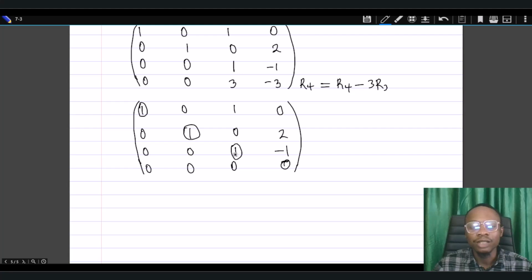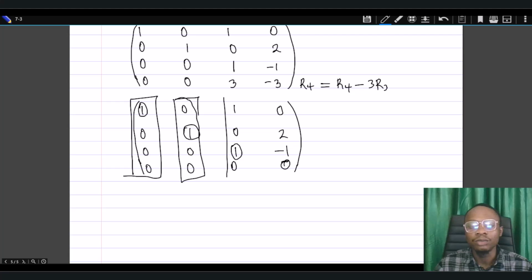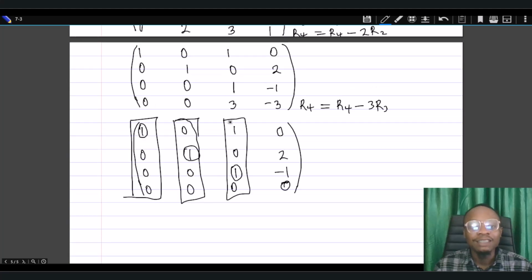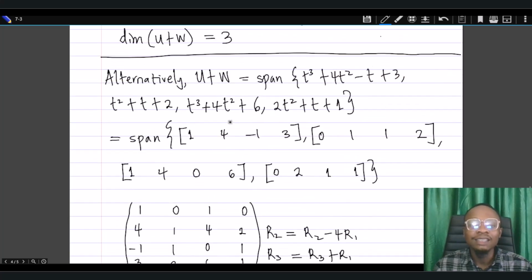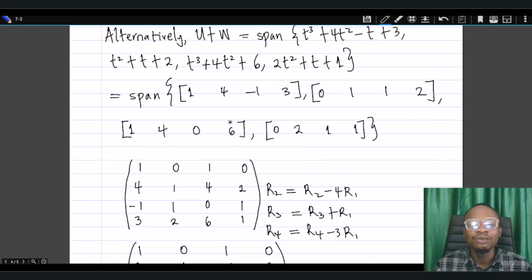The last row does not have any non-zero entry, so we're good. So that means we're going to pick the first column of the matrix, the second column, and also the third column. When we put all of those together, they will span the vector space u plus w, and they will be linearly independent.